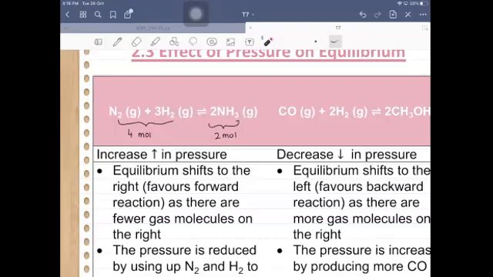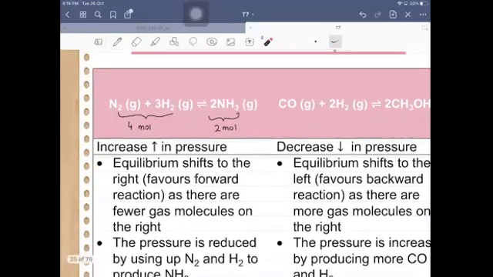That means increasing the pressure in this case would favor the forward reaction, because I am going towards the side with the smaller number of molecules. In explanation, equilibrium shifts to the right, that is the forward reaction, as there are fewer gas molecules on the right. So that's what I just said.